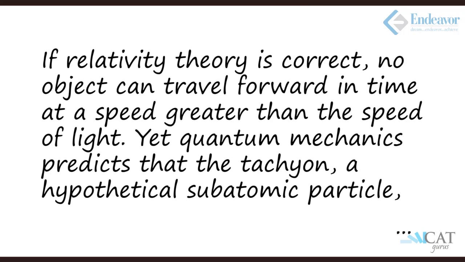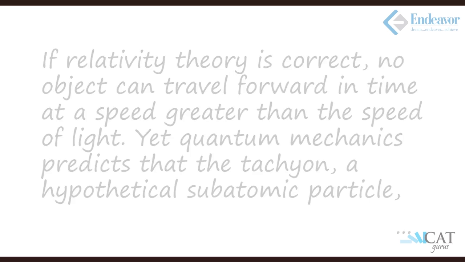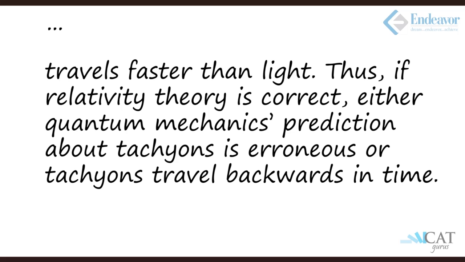If we pick up another example: if relativity theory is correct, no object can travel forward in time at a speed greater than the speed of light. Yet, quantum mechanics predicts that the tachyon, a hypothetical subatomic particle, travels faster than light. Thus, if relativity theory is correct, either quantum mechanics' prediction about tachyons is erroneous or tachyons travel backward in time.